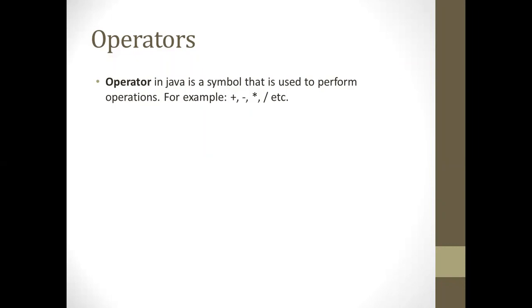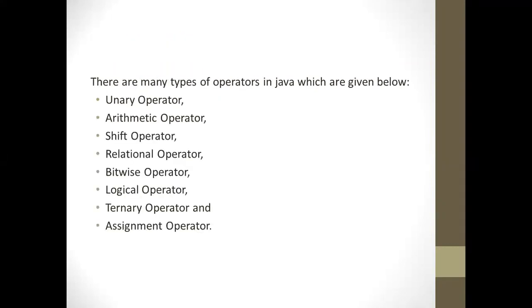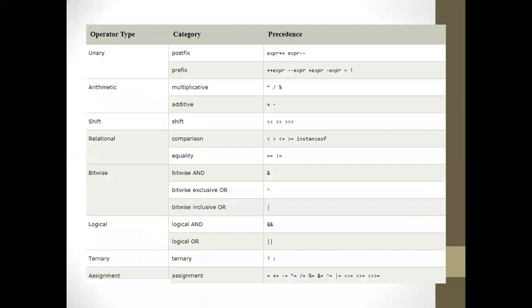We have a rich set of operators in Java. These operators could be unary, arithmetic, shift, relational, bitwise, logical, ternary, and assignment. Some of these are also available in basic languages like C and C++, and they have the same functioning as discussed in those other languages.